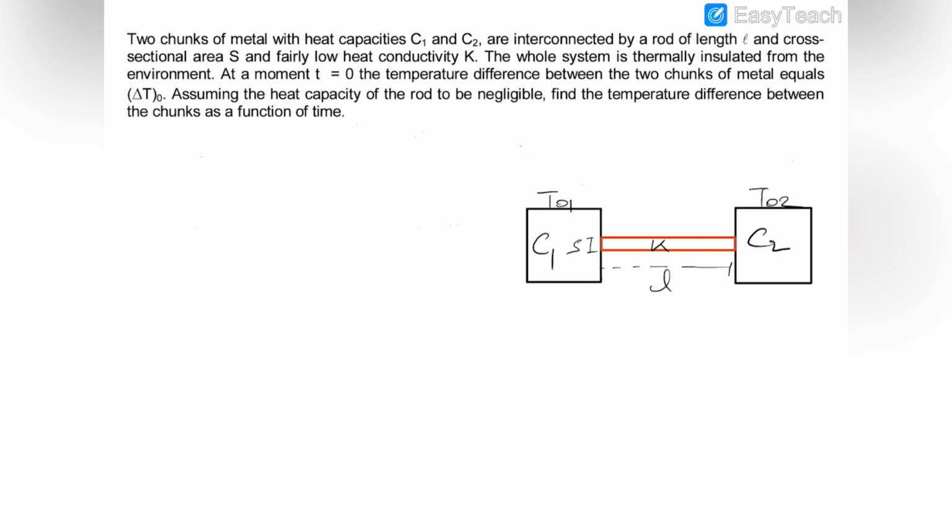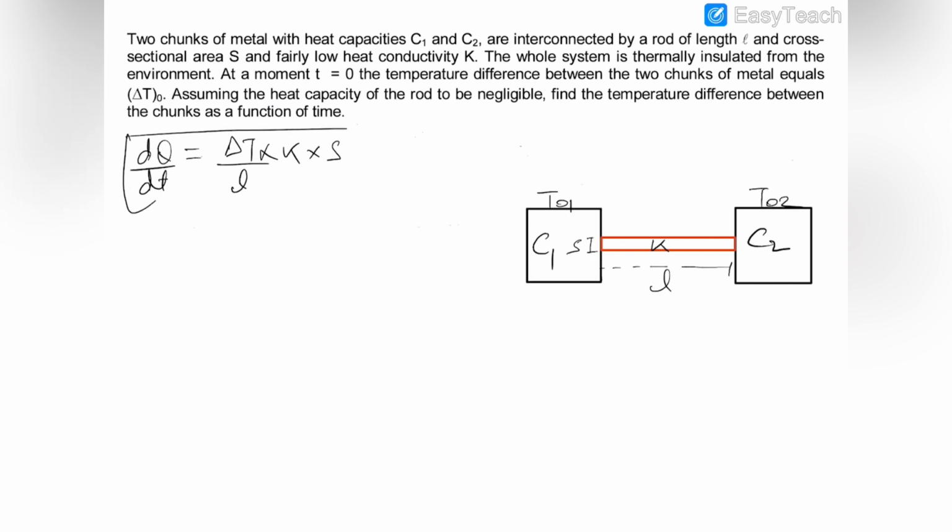So now first of all let us see that for dq amount of heat which flows through this rod, we can say that dq will be equal to delta T, which is the difference of temperature between these two metal chunks, divided by the thermal resistance, which is L by K into S. And this is at any time t, so it is dq by dt.